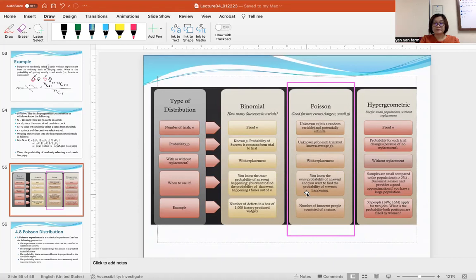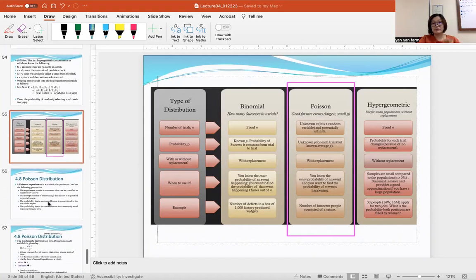So what is the probability that we have 100 out of 100 people infected by COVID, for example? This is the part where we are trying to look at the Poisson.